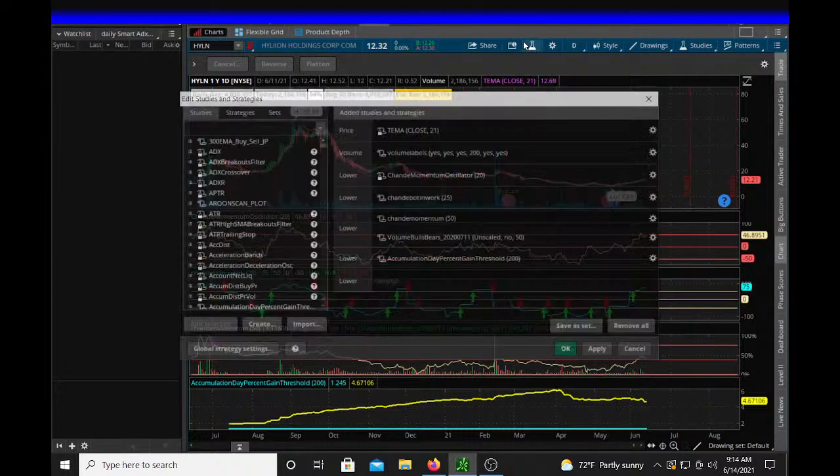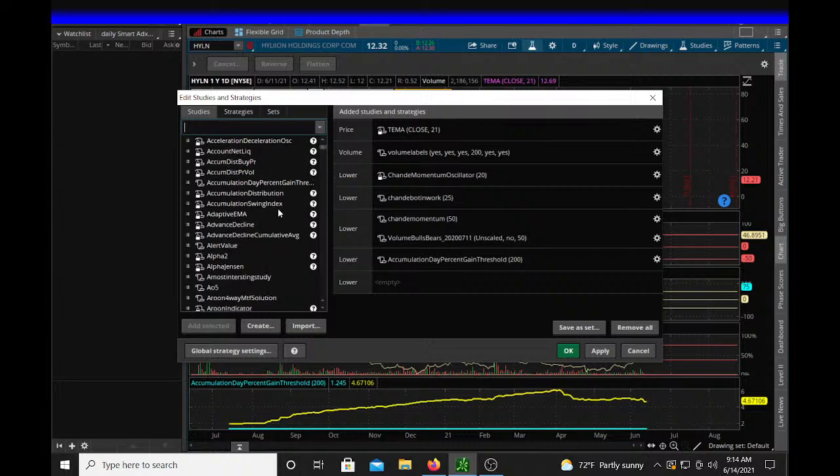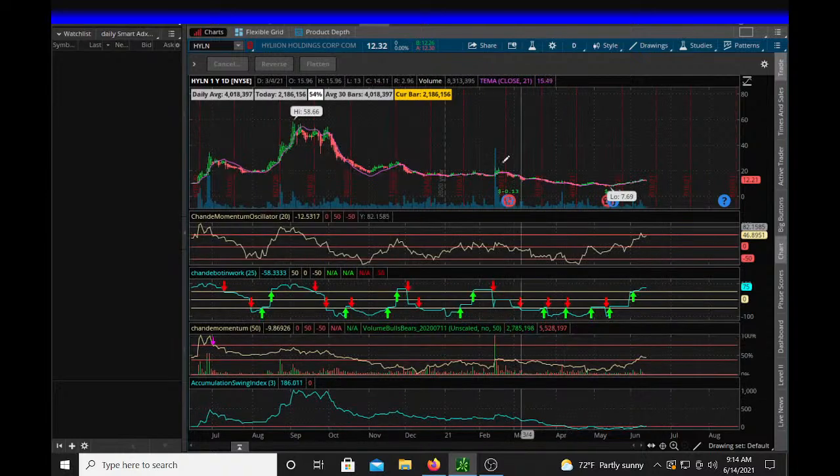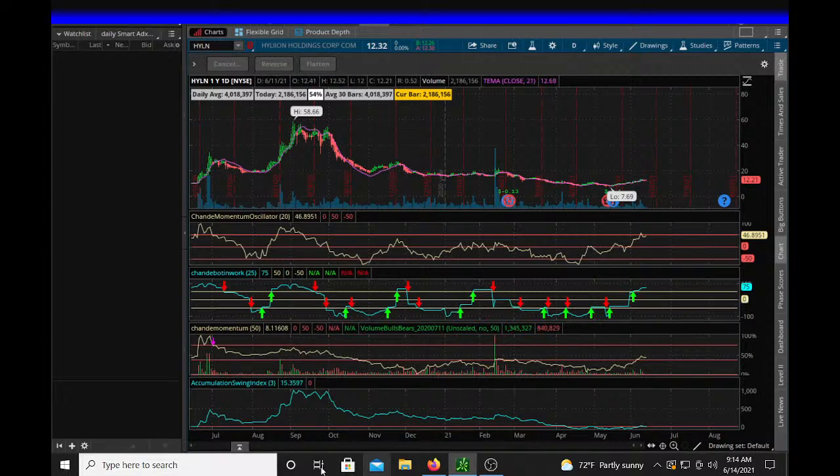All right? Now let's find the accumulation swing index. We can pull that up. And let's get rid of our percent gain here. All right. And on the daily, we see when we get above 0 on our swing index, things get pretty bullish.